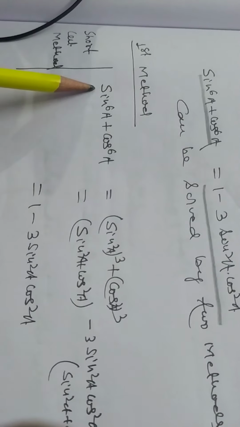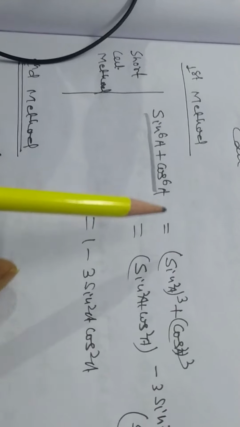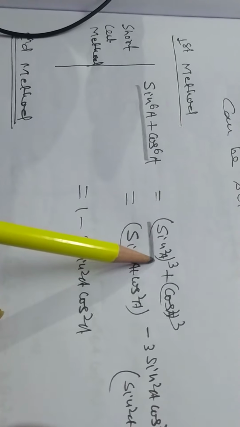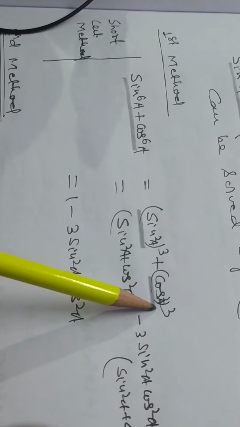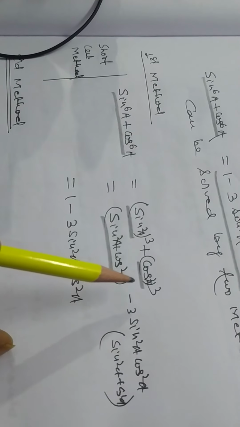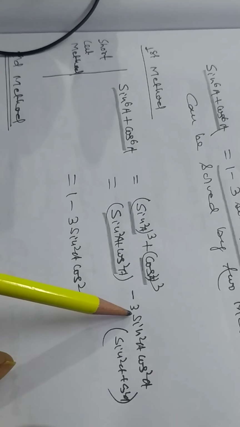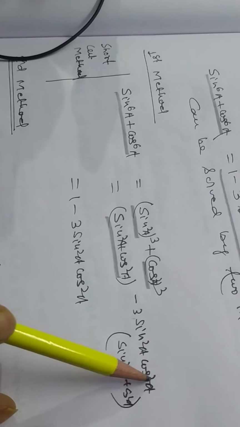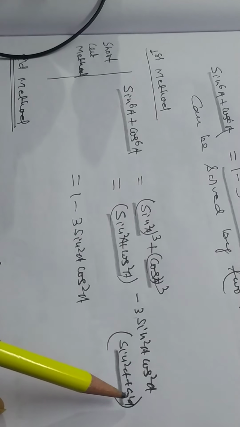First method: you write sine to the power 6a plus cos to the power 6a is equal to (sine square a) whole cube plus (cos square a) whole cube. It is (sine square a plus cos square a) whole cube minus 3 sine square a into cos square a into (sine square a plus cos square a).